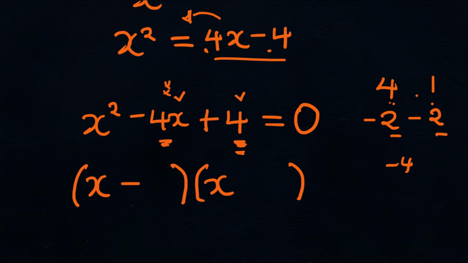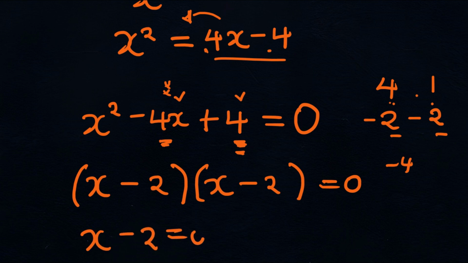So we know that the factors that we're looking for are negative 2 and negative 2, and this will be equal to 0. And then we are going to create an equal sign here. So this expression is the same as x minus 2 is equal to 0, or x minus 2 is equal to 0.